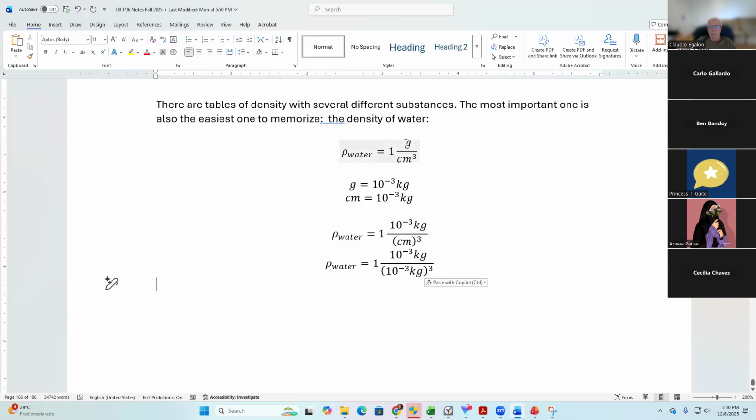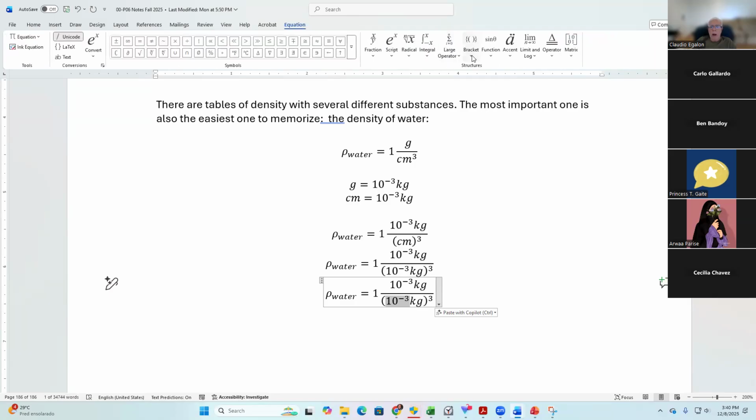We didn't have this problem for the gram because the gram is raised to the first power, right? Let's keep on deriving: 10 to minus 3 raised to the cube, and kilogram raised to the cube.